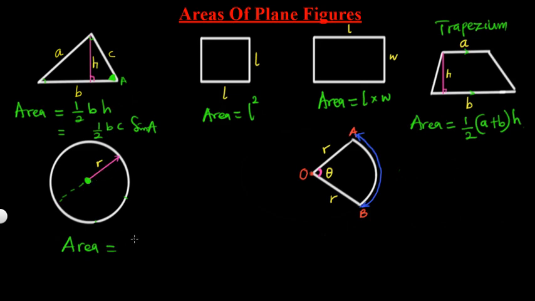So area of a circle can be expressed as pi r squared. Remember, the pi is as a result of it being a round figure that cycles 360 degrees. So area of a circle is pi r squared.